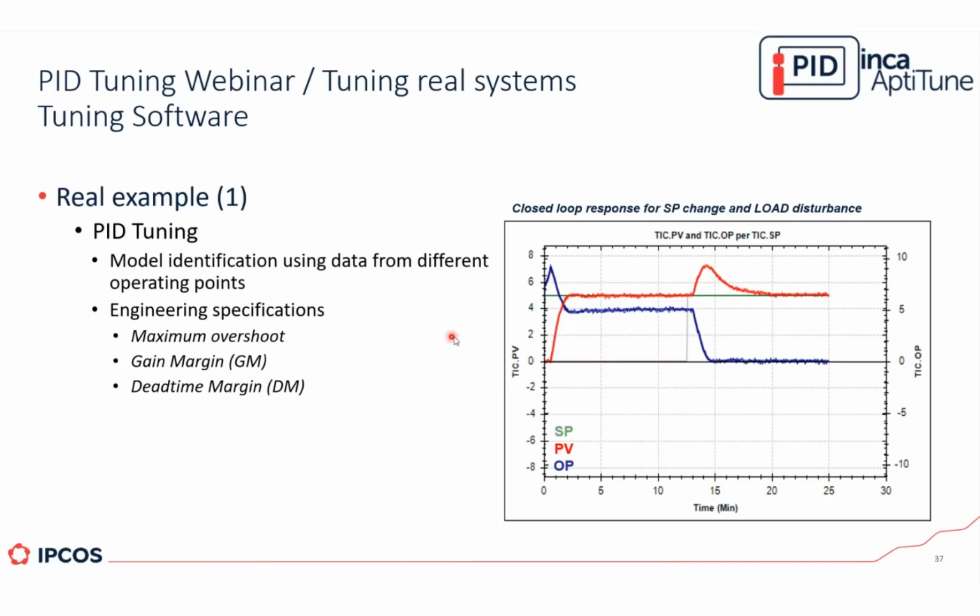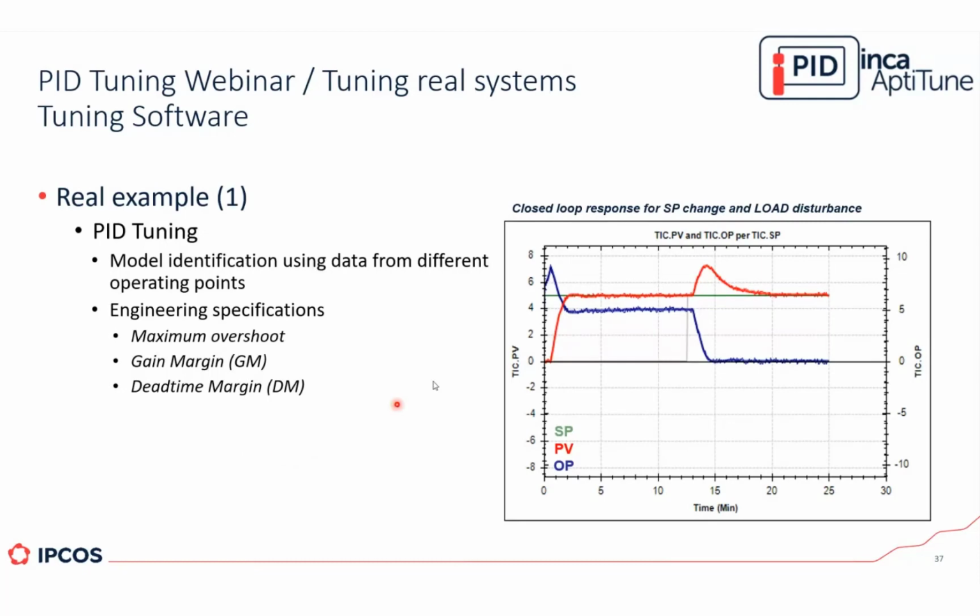I didn't want this temperature loop to be very aggressive. And I also used robustness specifications because, as we saw, this process was subject to changes in gain and dead time, for example. Then I can select these robustness specifications in the tool to find the best loop possible, right?